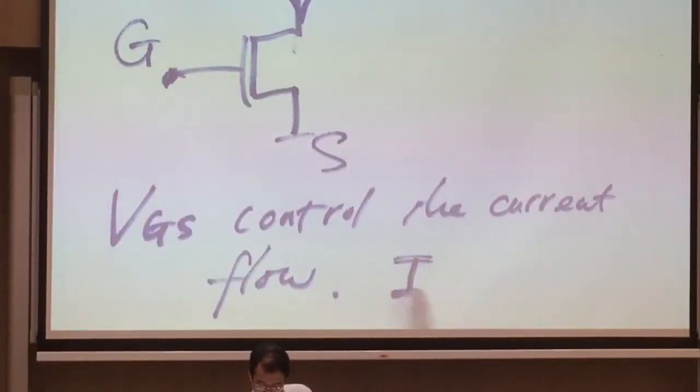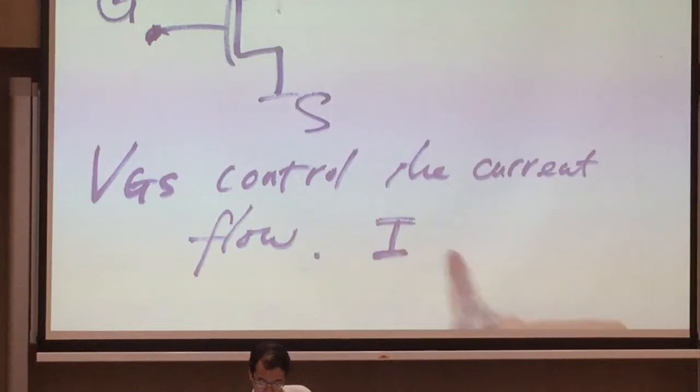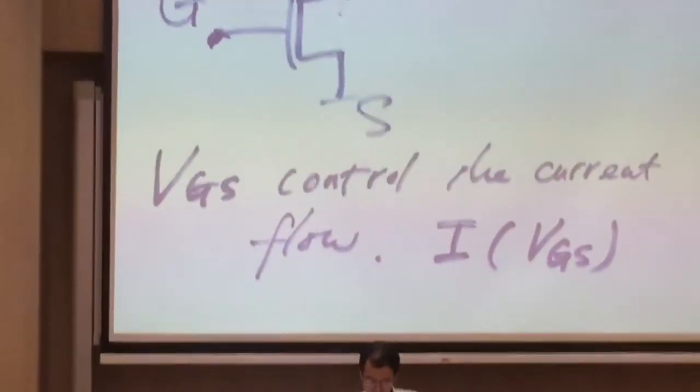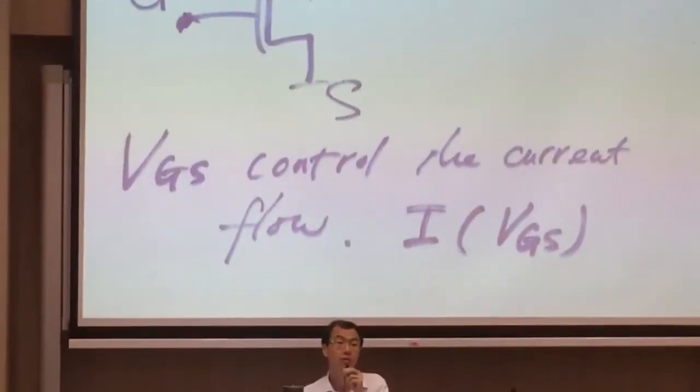And the current is a function of VGS. So if you have a larger voltage at the gate, you will have larger current.